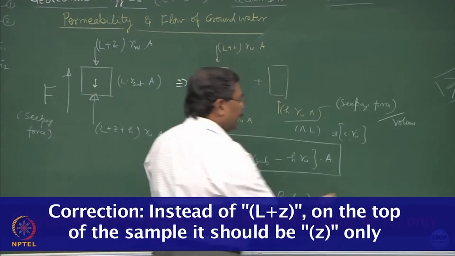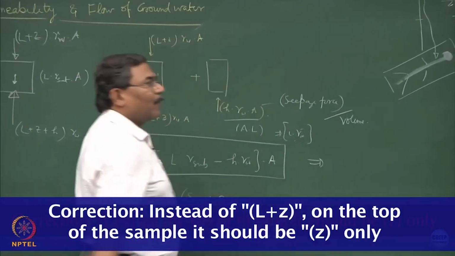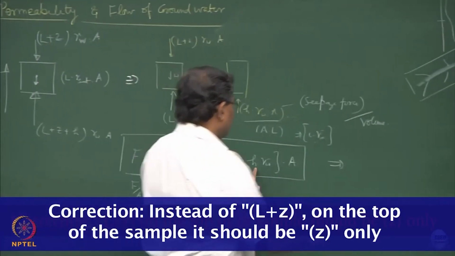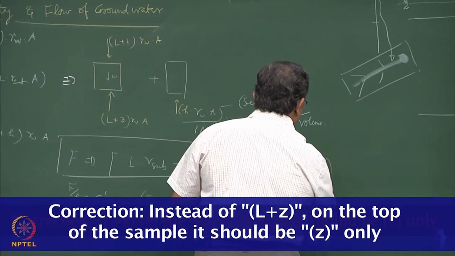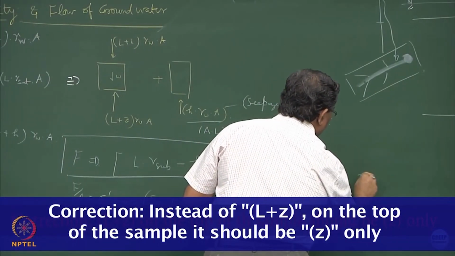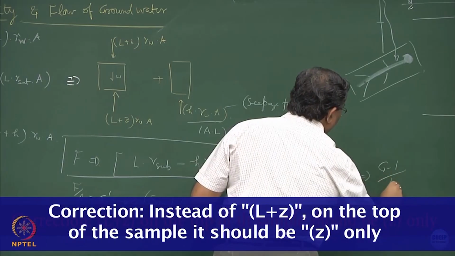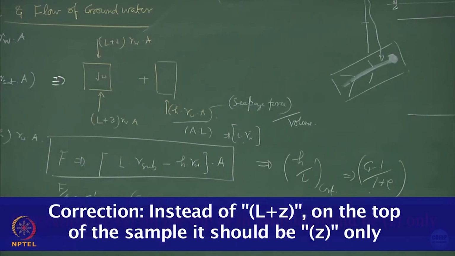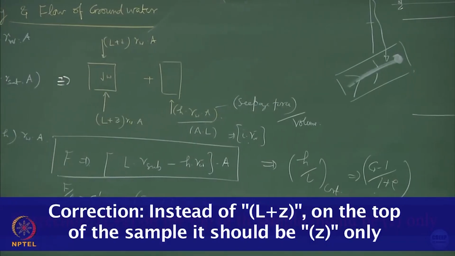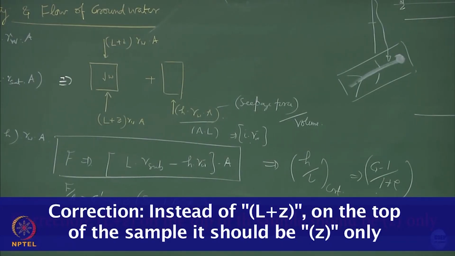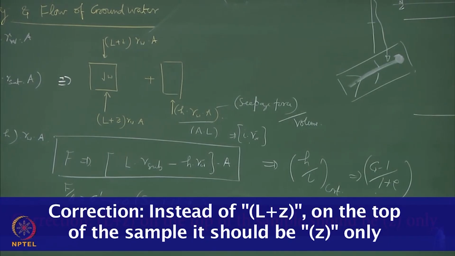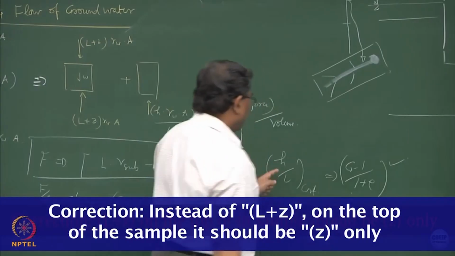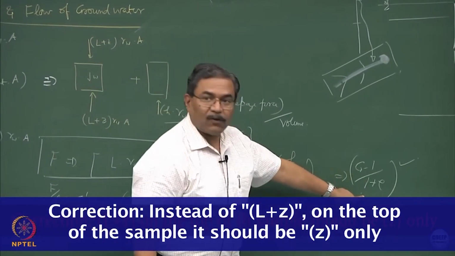Now, if you simplify this, what you will be getting? Can you do it quickly? I comes out to be, what is I? H upon L. We define this as critical. This will be equal to G minus 1 over 1 plus e. Try to prove this. Is this correct? Jasmine, is this equation correct? You must be remembering. Is this okay, Benny? So, you try to prove that i critical, H upon L, will be G minus 1 over 1 plus e.